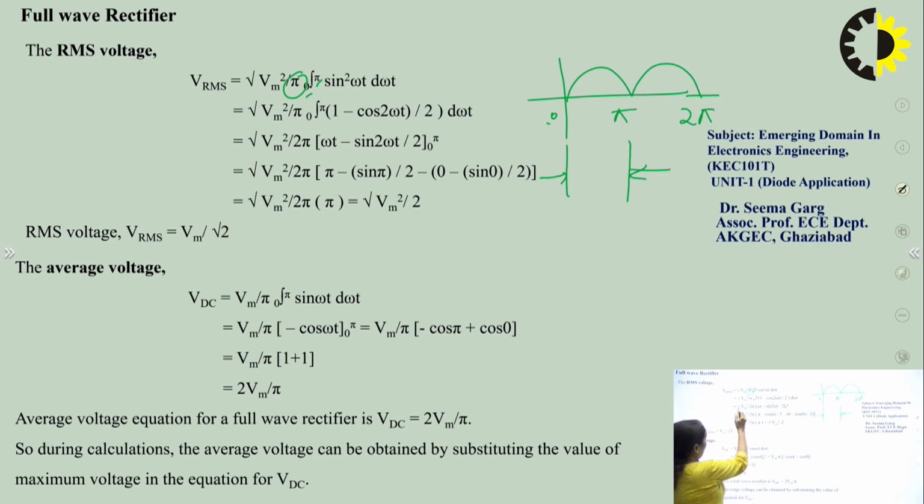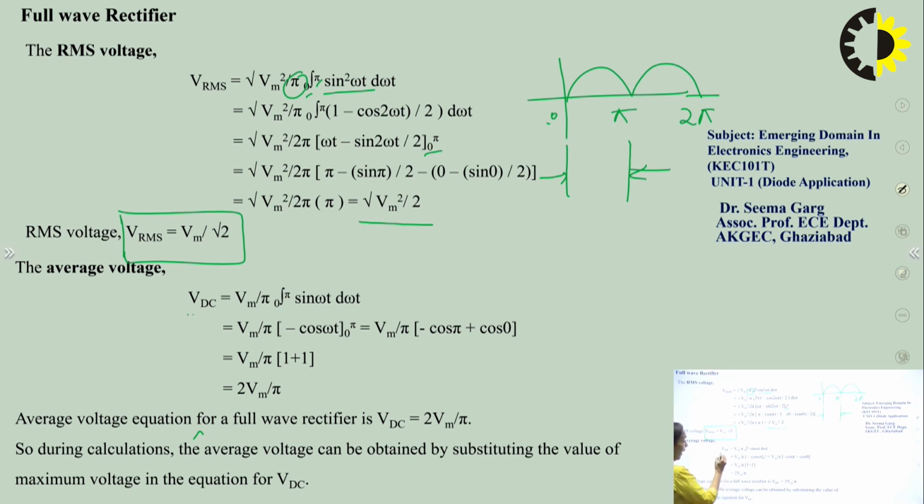Again using the formula for cos 2 theta to replace the sin square omega t term, we replace it by (1 minus cos 2 omega t) by 2. Integrating this and placing the limits, we get VRMS equal to Vm by root 2. It was Vm by 2 in the half wave rectifier, whereas it is Vm by root 2 in the full wave rectifier.